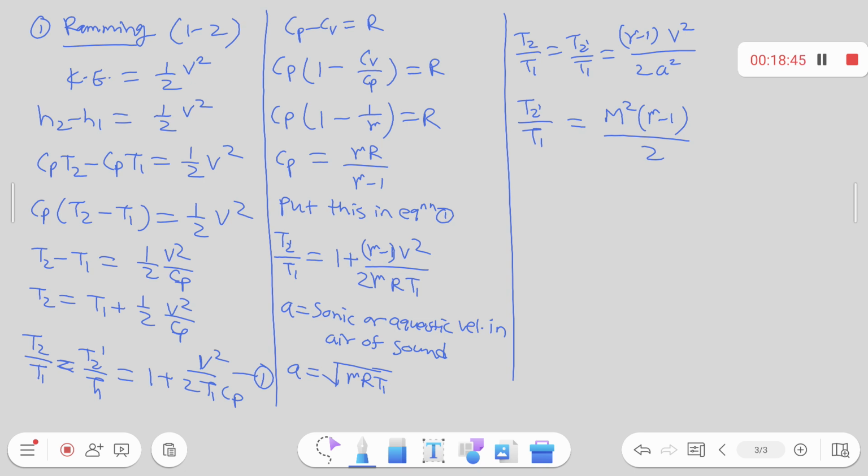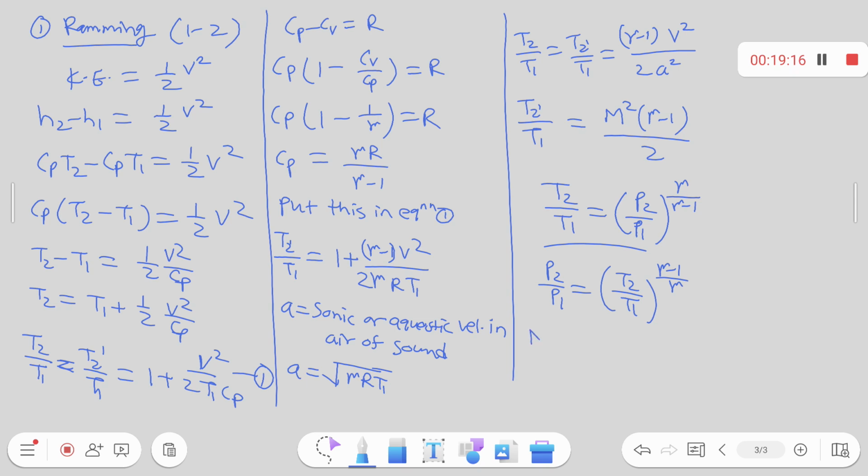We also know that T2 by T1 is equal to (P2 by P1) raised to (gamma minus 1) divided by gamma. What is that? This is the pressure temperature relationship for the isentropic processes. Or you can also write this relationship as P2 by P1 is equal to (T2 by T1) raised to gamma by (gamma minus 1), right?